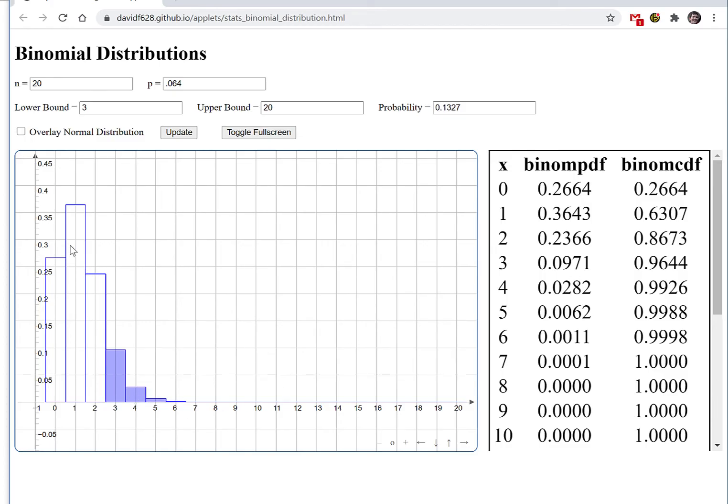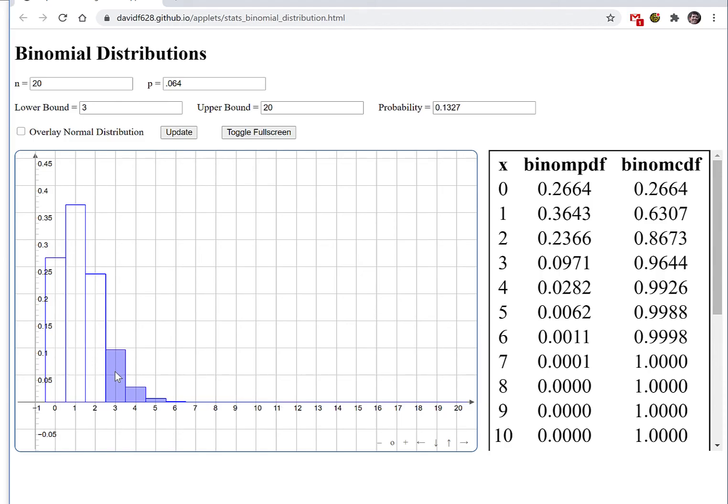That's what each of these bars represent. But I've shaded the bars from x equals 3 all the way to 20. Notice a lot of these bars are close to 0, and that's okay. That happens with binomials. But these are the shaded ones. That's what I want to find the probability, the sum of.